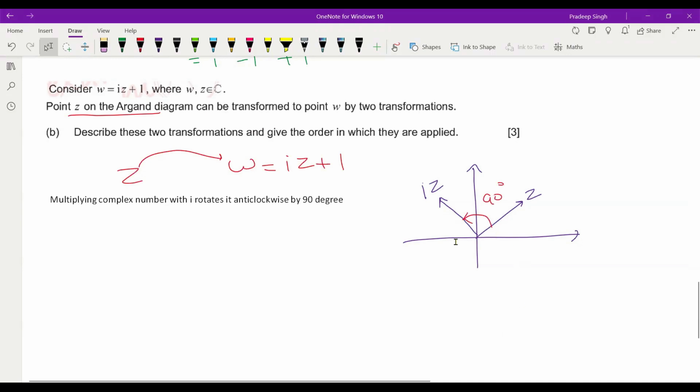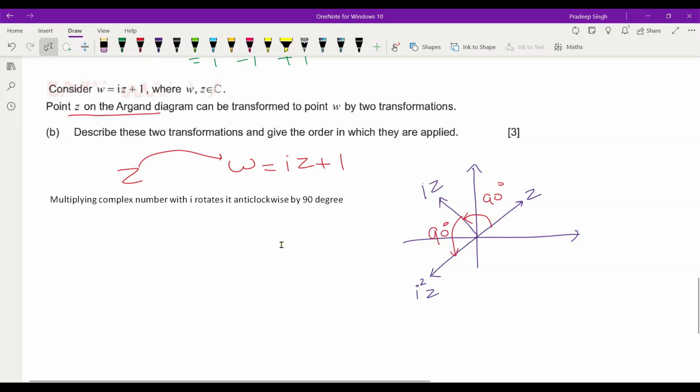Now, if you multiply by I one more time, which means I squared Z, it will rotate one more time by 90 degrees. So if you multiply by I again, you should get I squared Z. This is formed if you rotate the IZ by 90 degrees one more time.